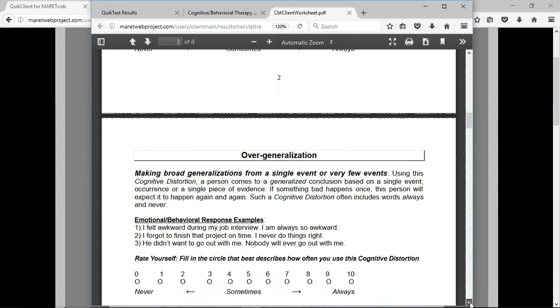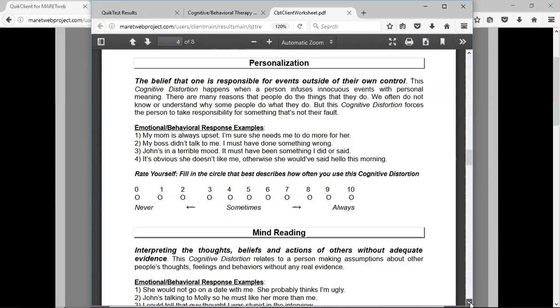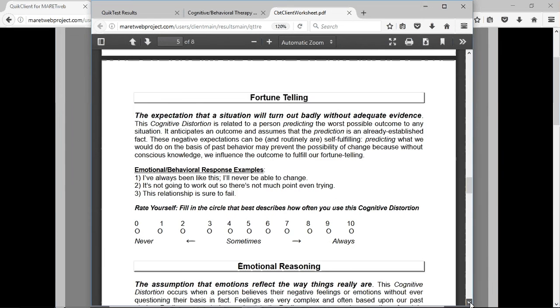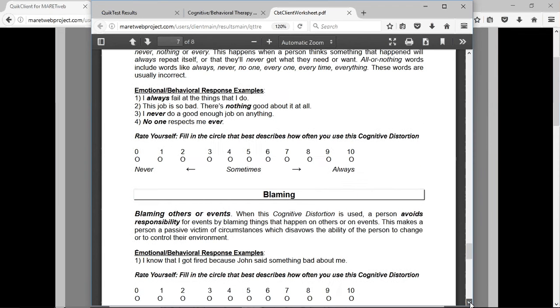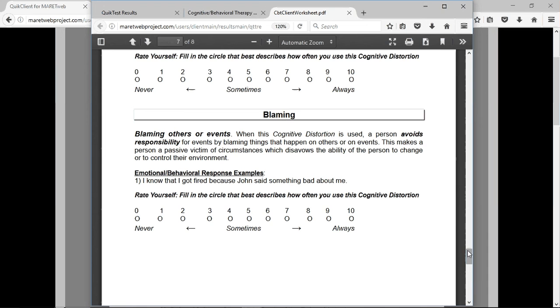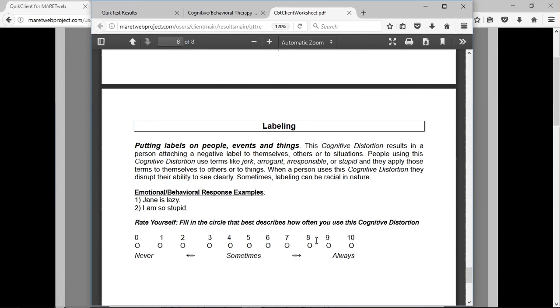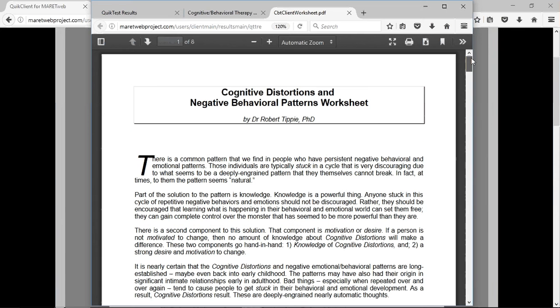This goes all the way down through all of these automatic thoughts that we look at for cognitive behavioral type therapy. Okay? Have them bring this back in, look over the ones where they score 6, 7, 8, 9, 10, discuss those issues, have them give you their own examples of how they do it, and look for ways where you can minimize that particular negative behavioral pattern.